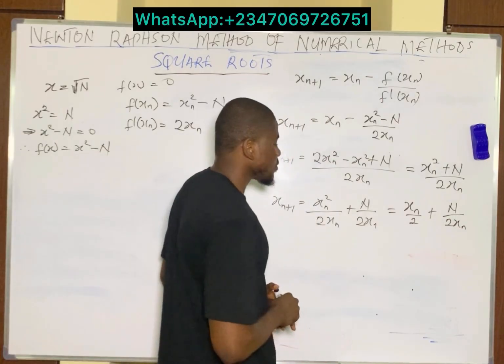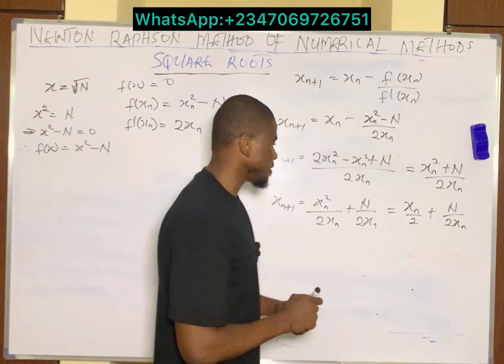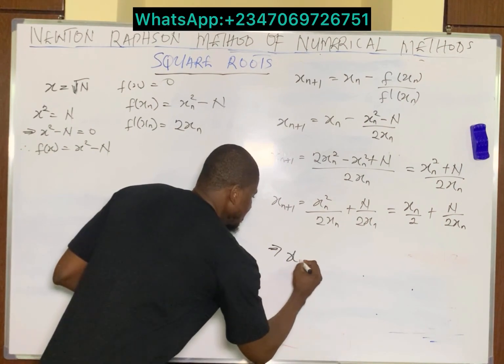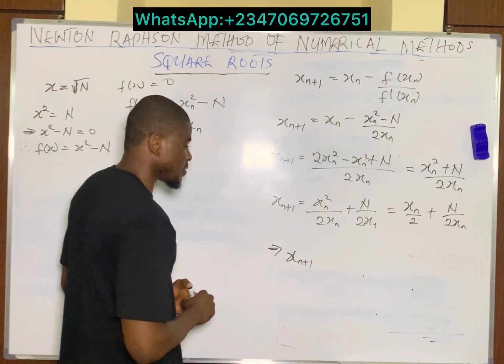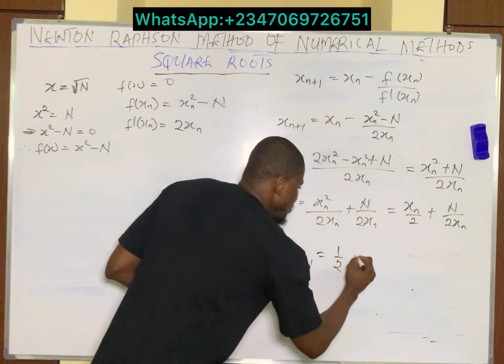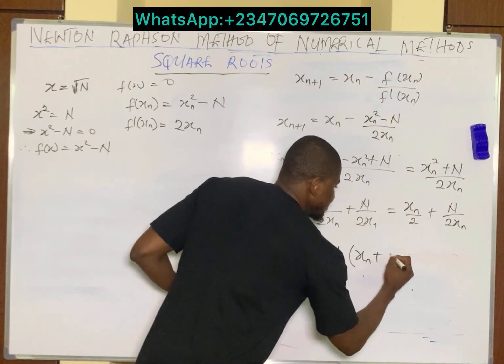Okay, now you observe that between these two, 1 over 2 is common between them. So this simply implies that for a given square root, your next approximate value using the Newton-Raphson's method is simply going to be x n plus 1 equals 1 over 2 times x n plus n all over x n.